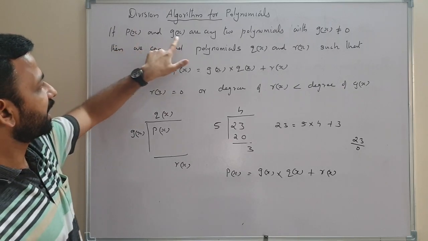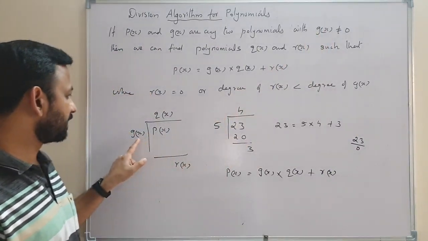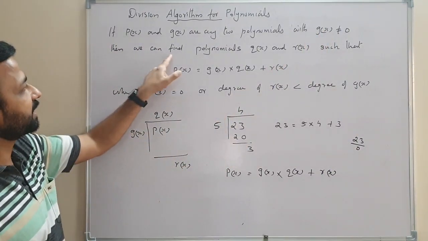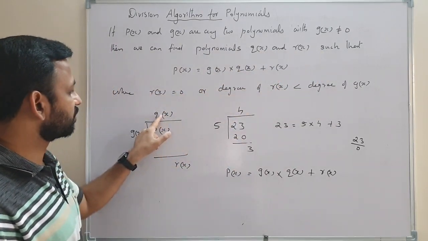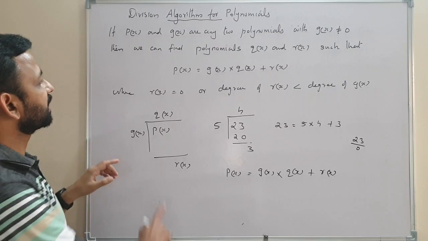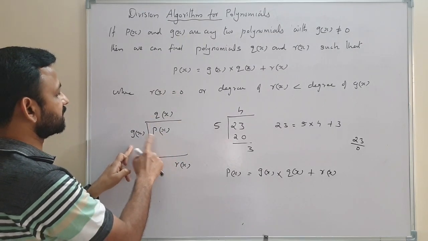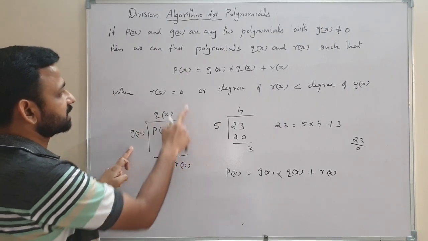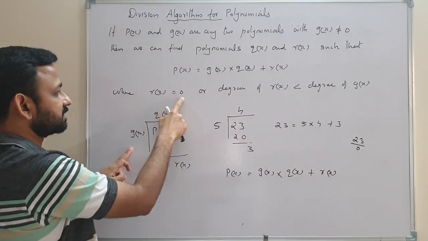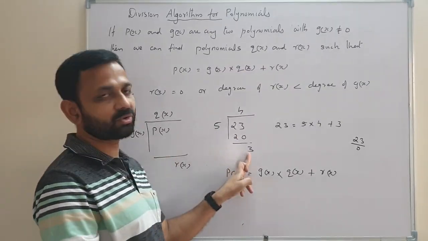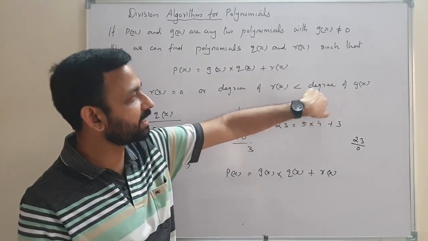So that is the division algorithm for polynomials. If p(x) and g(x) are any two polynomials with g(x) not equal to 0, that means the divisor is not 0, then we can find polynomials q(x), the quotient, and r(x), the remainder, such that p(x) is equal to g(x) into q(x) plus r(x), where r(x) is 0 or the degree of r(x) is less than the degree of g(x).